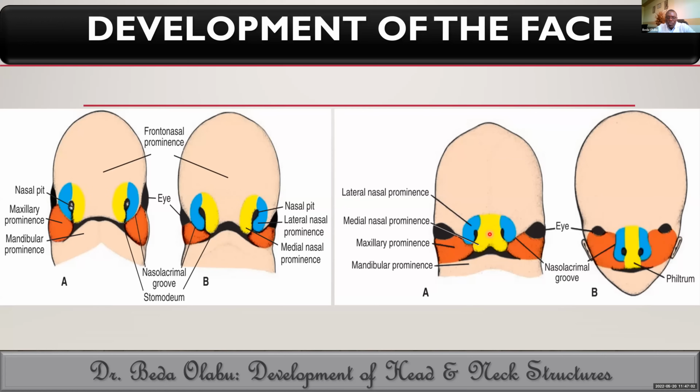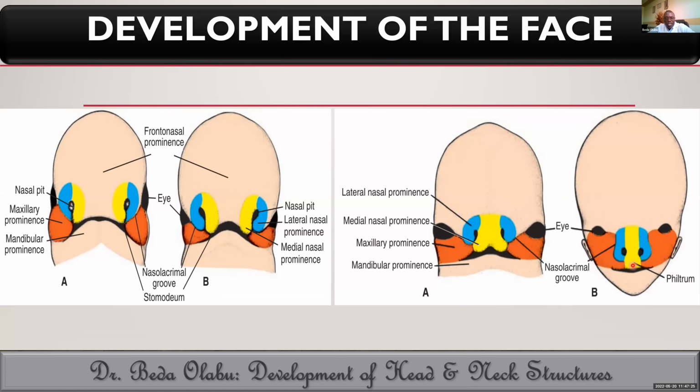This fused medial nasal prominence is what we call the intermaxillary segment, because it's between the right and left maxillary prominences. What will it become? In the last image, we can see what it becomes. So it will form some part of the palate, which we call the primary palate. I will talk about that shortly.